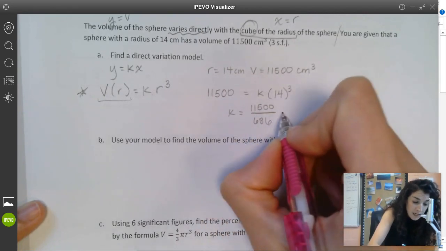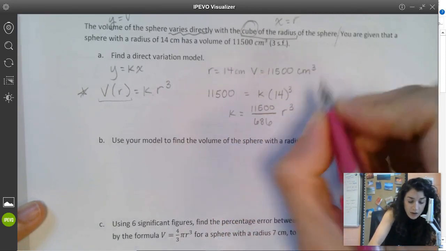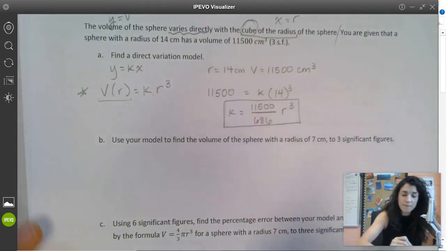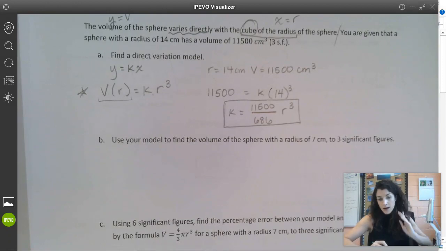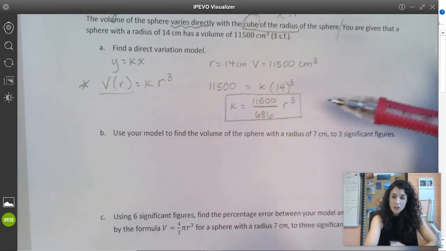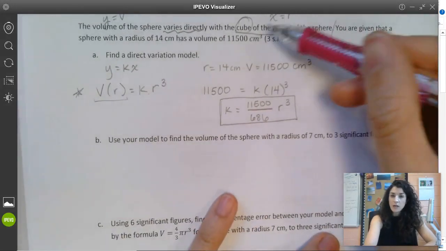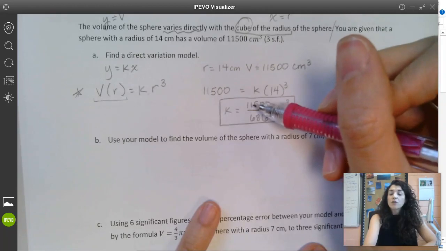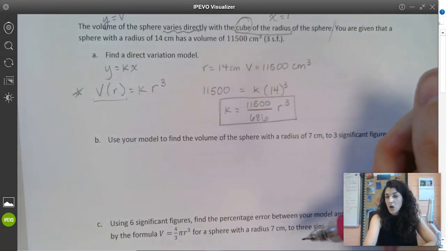First of all, because it could be our slope, if it's a linear equation, which we now notice that direct variation is not always a linear equation if it varies directly with the cube or the square. But also because we're going to be using this formula later on in the problem.